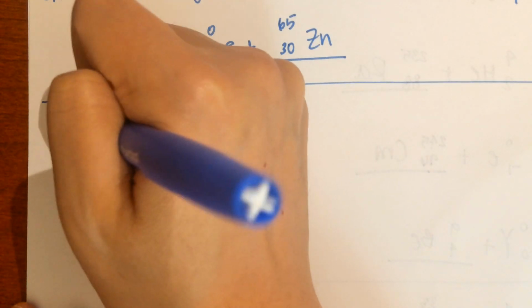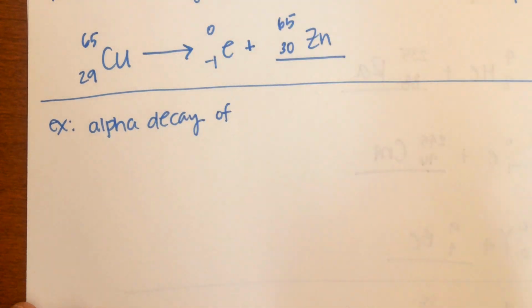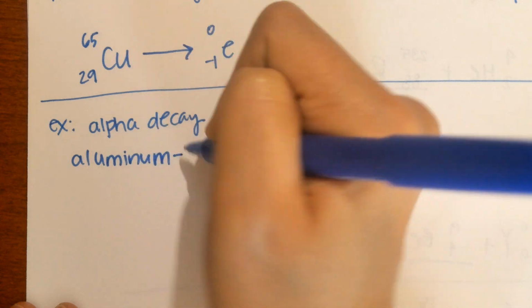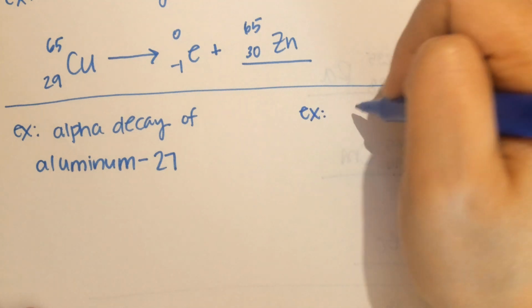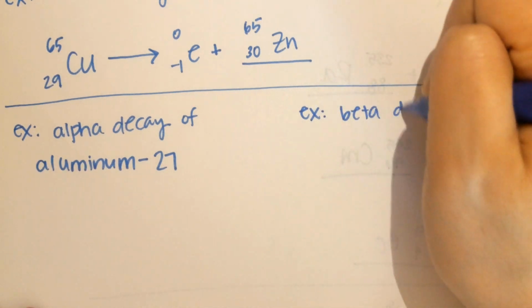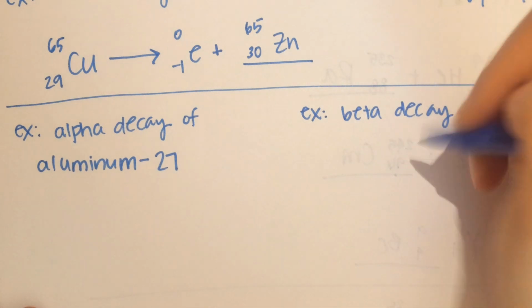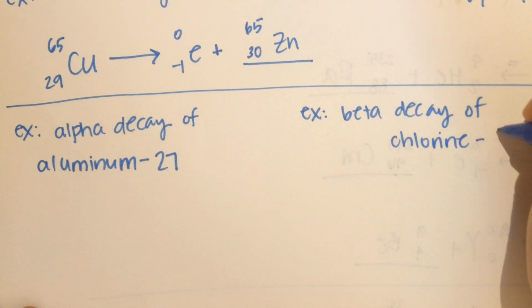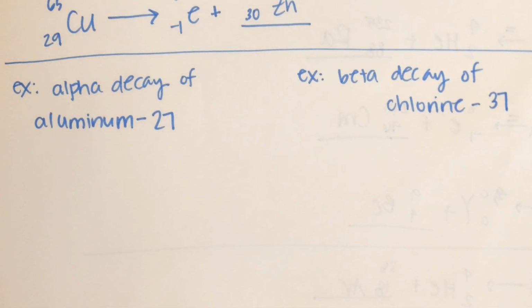So I will give you first alpha decay of aluminum 27, and then beta decay of chlorine 37. Okay, again, pause the video, work it out, and then check your work once you're done.